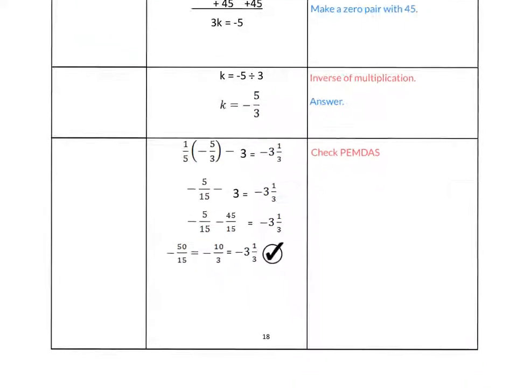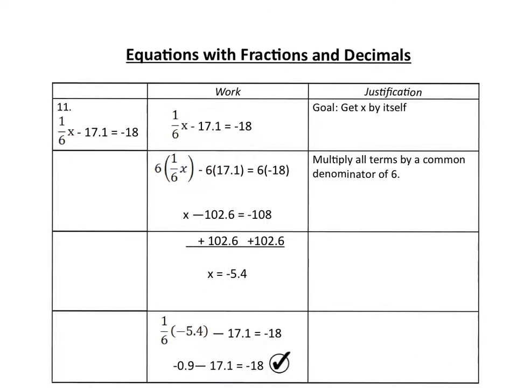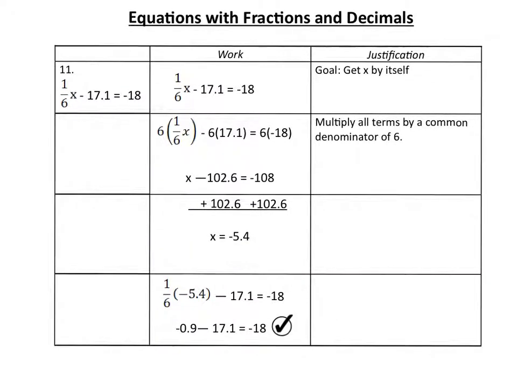All right. Number 11, 1/6x minus 17.1 equals negative 18. Our goal is to get x by itself, and we do this by multiplying all terms by a common denominator of 6. There's only one fraction, so of course that's the common denominator.